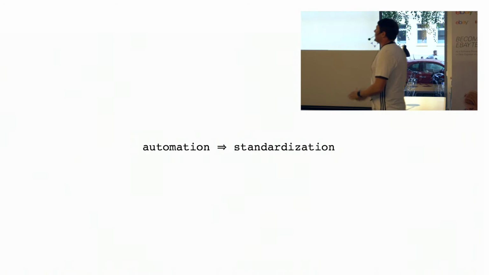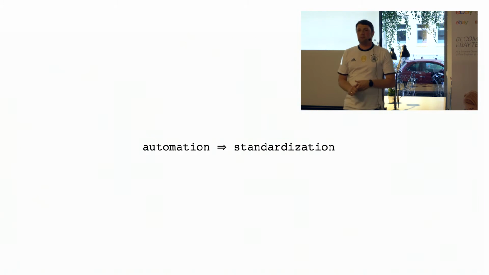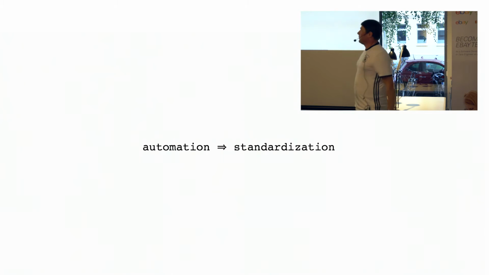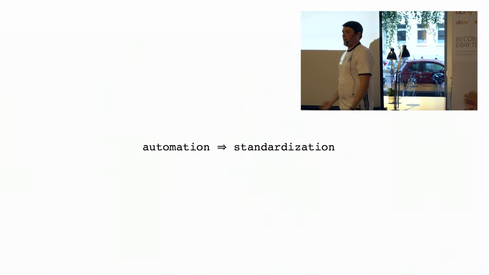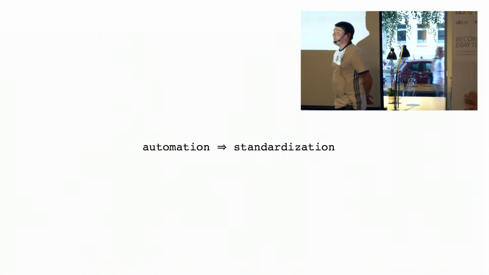So the best thing you can do is automate and then find some standardization for that. Why not the other way? Because it's easier. If you first automate a problem and then make this a standard, it hopefully becomes a de facto standard and then you make it official.